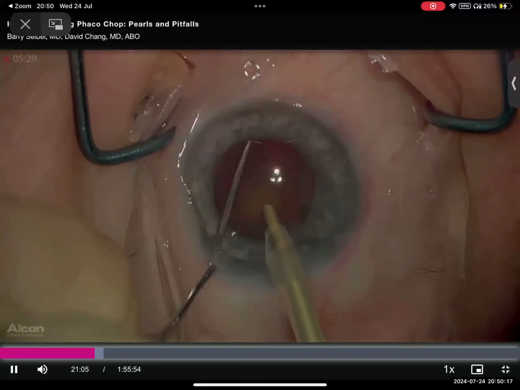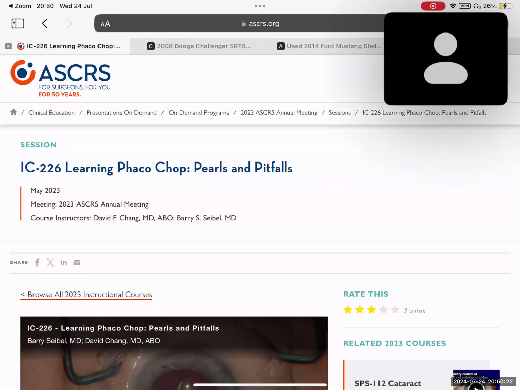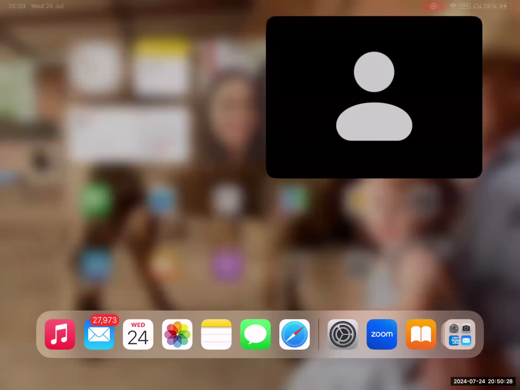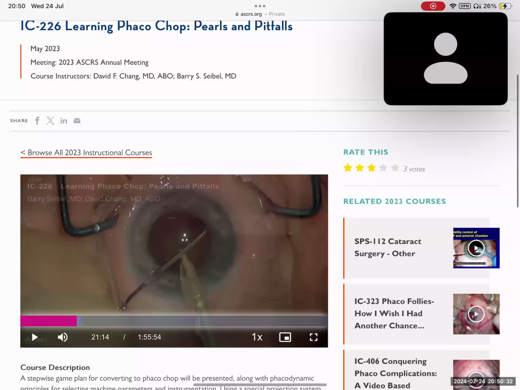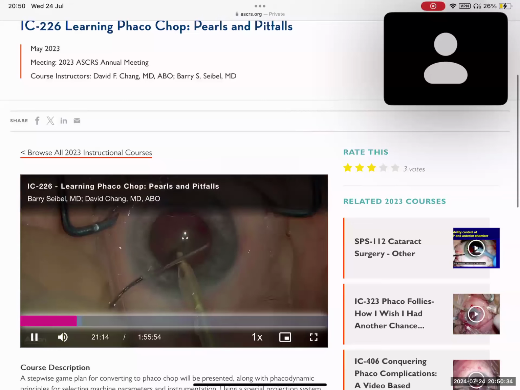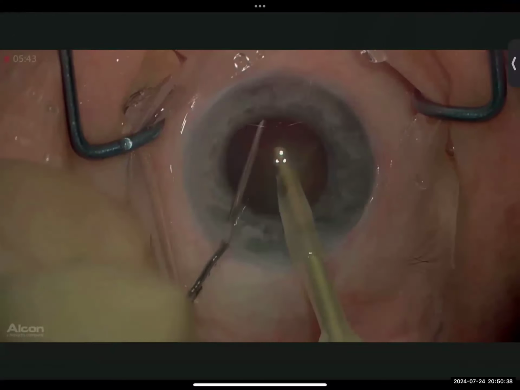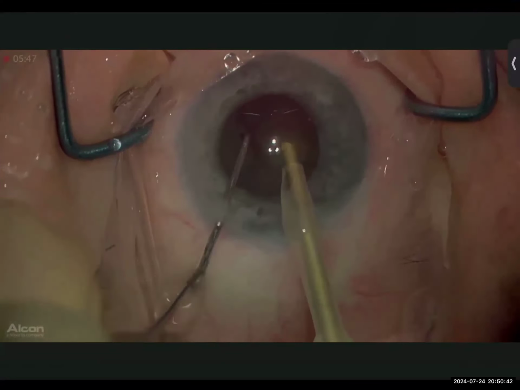and I kind of nudge the nucleus, and look how far away I keep my phaco tip. It's exaggerated with 3D, but I really do point it downward because I want to have as much nucleus as possible in the path of the instruments, and it's a feel.